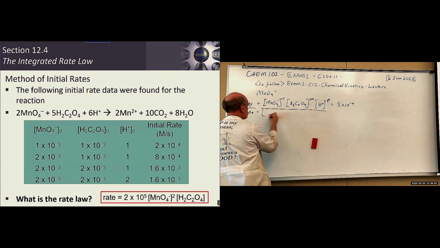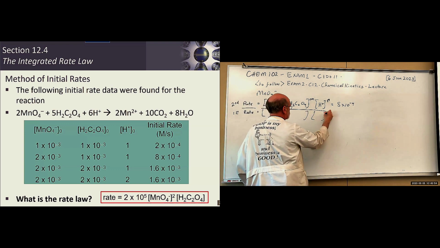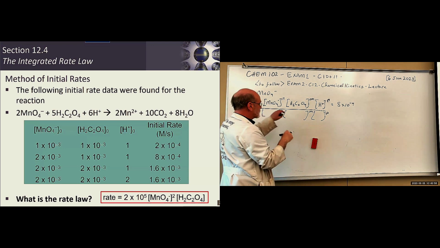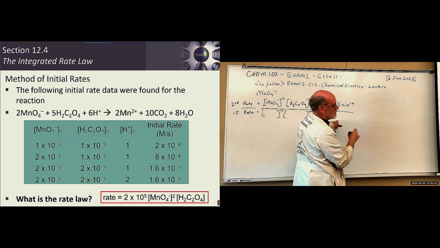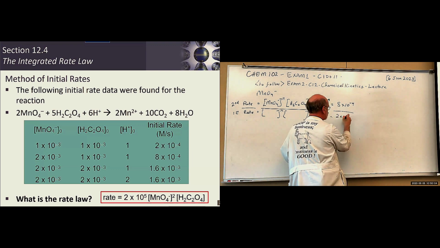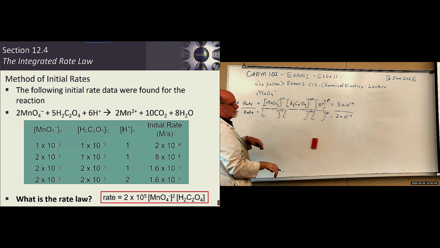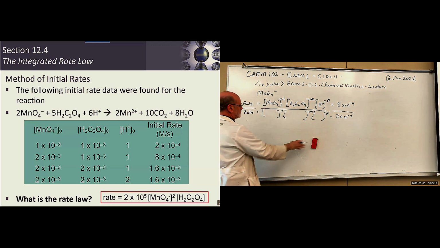will be the same values. This will be P, this will be M, this will be N. And we'll substitute in here 2 times 10 to the minus 4. Okay, so we just have to put values in here. This one's going to be 2 times 10 to the minus 3, isn't it?